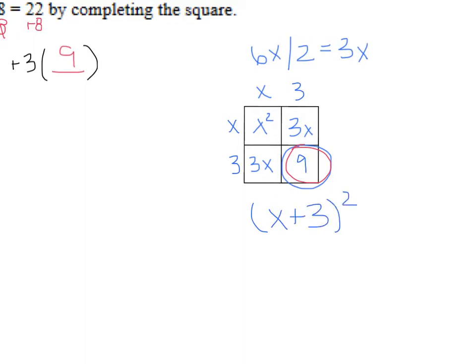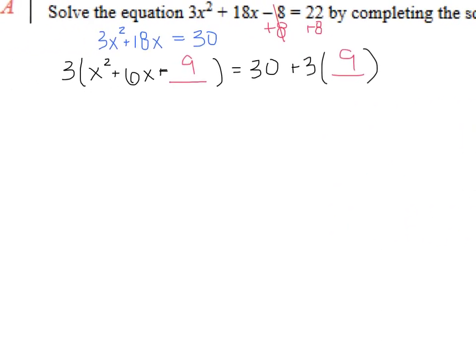So that's what we're going to replace the inside of our parentheses with on the left side of our equation. So we have 3, and now we have x plus 3 squared equals, and then we have 30 plus 3 times 9. 3 times 9 is 27, plus 30 is 57.